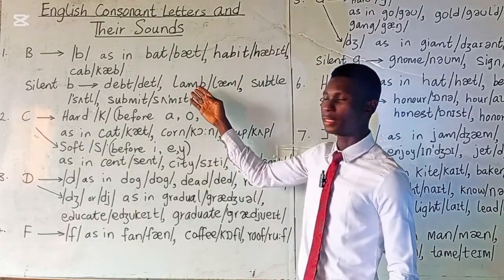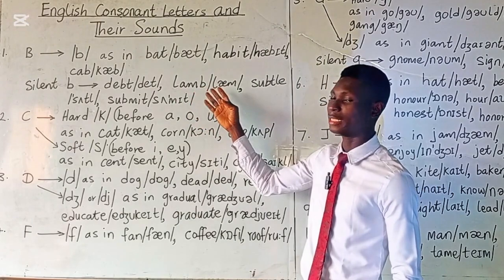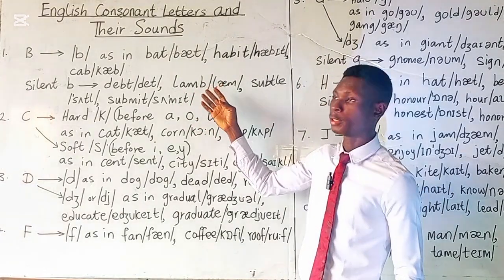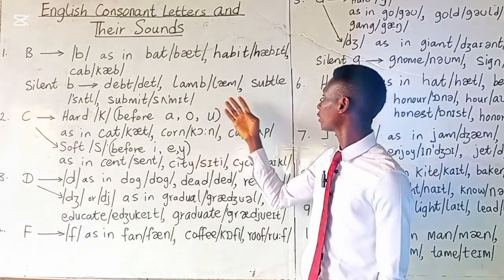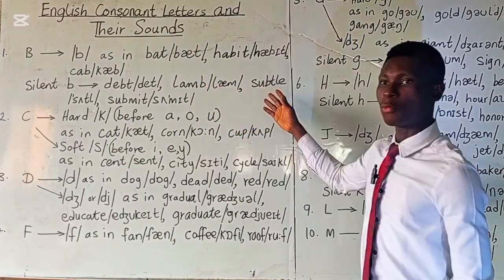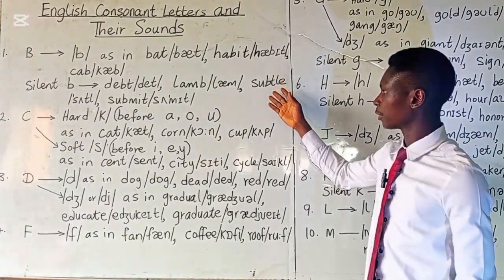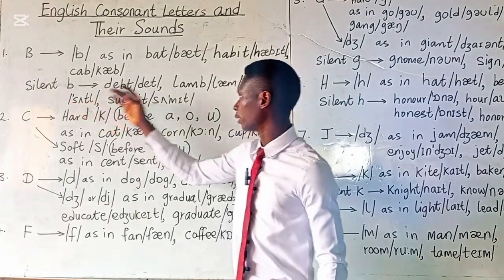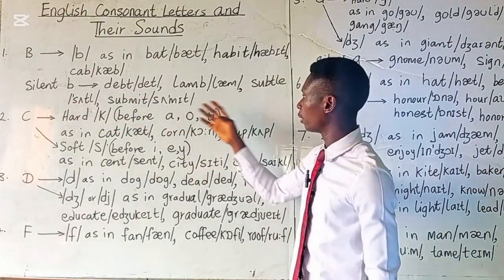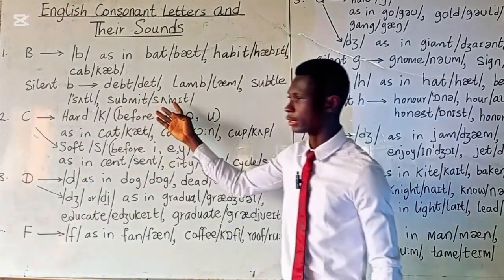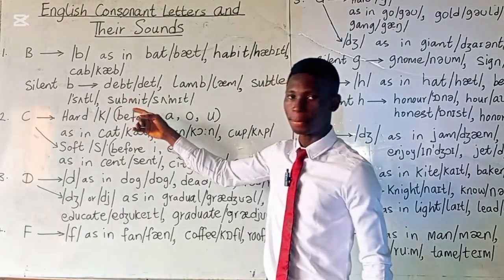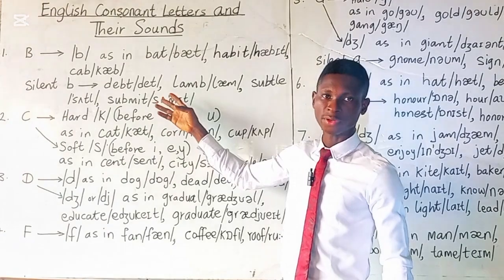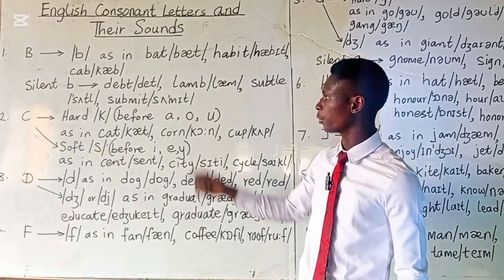In lamb, the MB at the end is realized as M because letter B is silent. And in subtle, we don't have the B sound. What we have is the T, subtle, not subtle. Then we also have submit. It is not submit. The B sound is silent in this word.